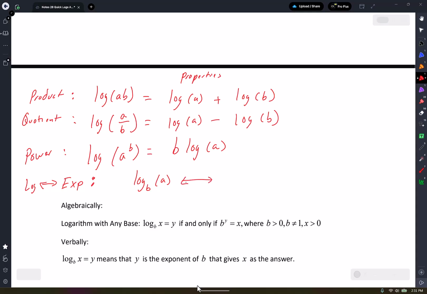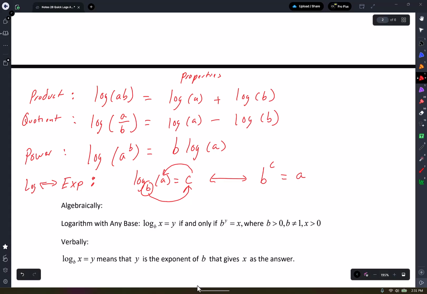So log base B of A equals C, and then here's my arrow: B to the power C equals A. See, here's the base to the power of C equals A. You want to put those little arrows. So that's how you can go back and forth from log to exponent and exponent to log.